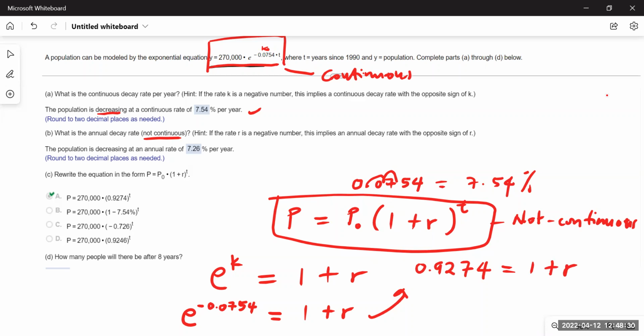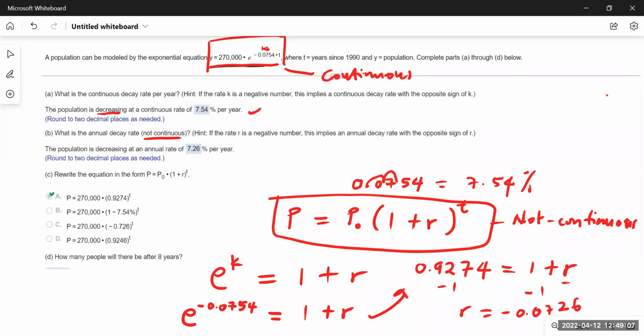And what are you looking for? You're looking for R. So you're going to subtract 1 from both sides of the equation. When you subtract 1, you get your R to be negative 0.0726.